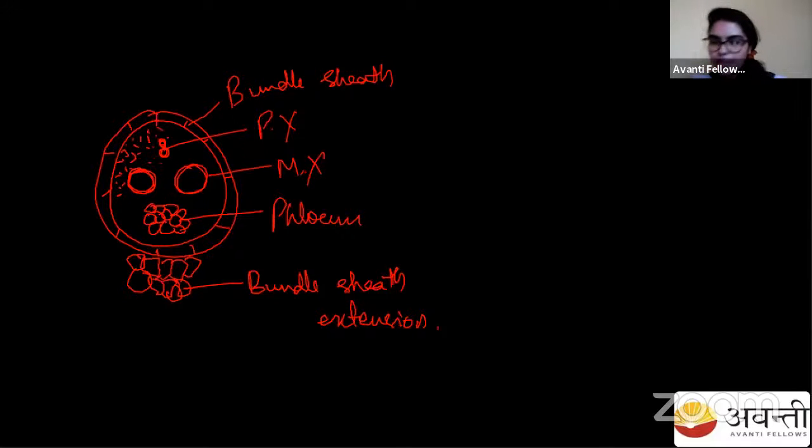So this is about the vascular bundle of monocot leaf. Now you tell me what kind of vascular bundle is this? Actually it's same as dicot leaf, monocot leaf का same vascular bundle है, कुछ changes नहीं है, no changes.